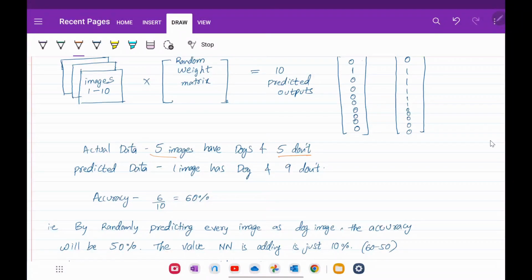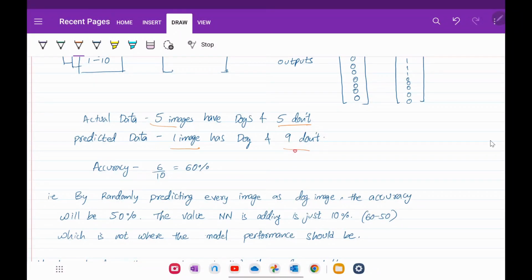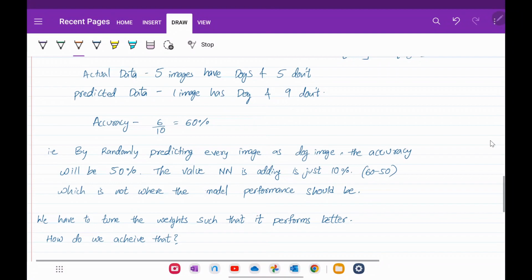Our model predicted 1 image that has a dog and 9 images that do not. If you just look at its metrics, something to start with, we can say that our neural network is 60% accurate because out of 10 images, it predicted 6 images correctly.